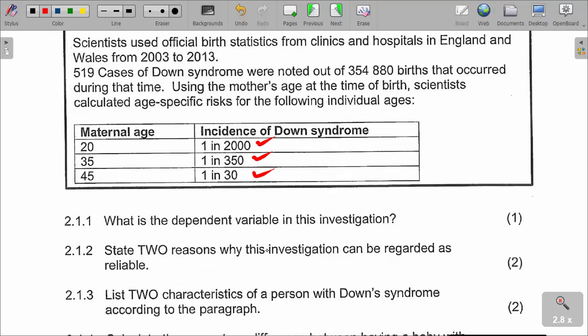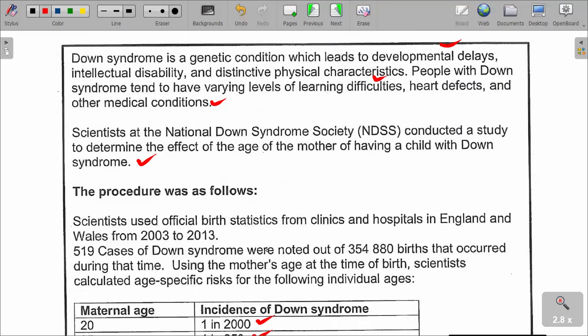And then what is the dependent variable in this investigation? We said that scientists conducted a study to determine the effect of the age of the mothers of having children with Down syndrome. So what is the dependent variable? We are saying Down syndrome is dependent on the age of the mother of having a child with Down syndrome.